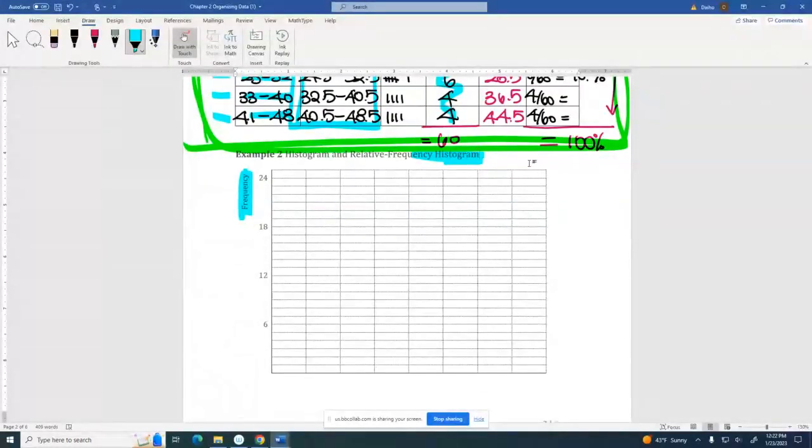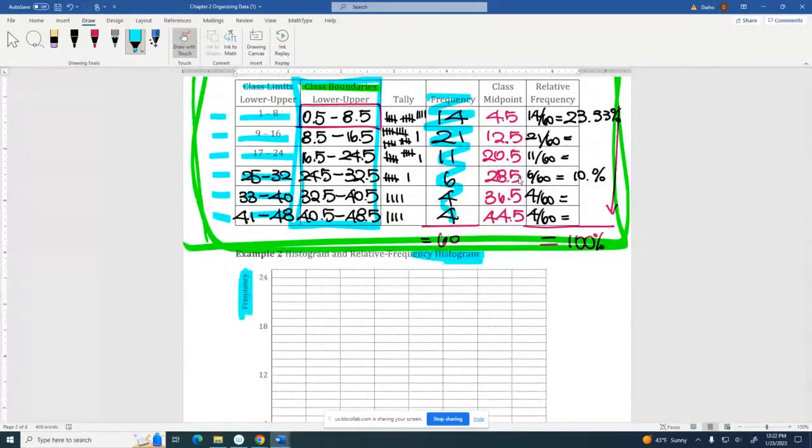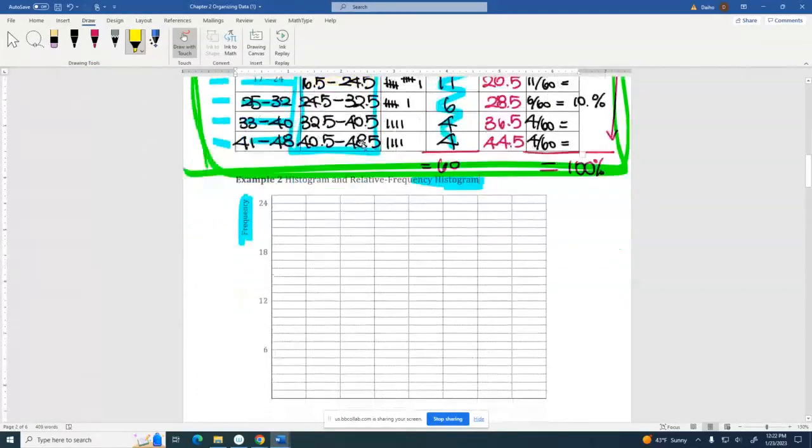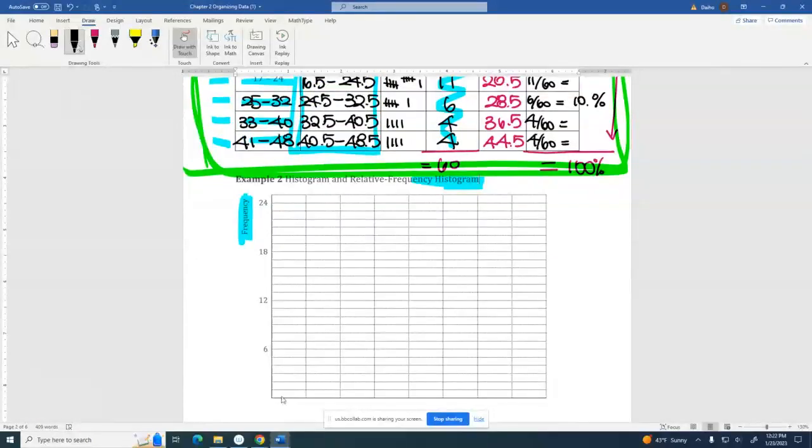Did you take college algebra? It's X and Y. Yes, it's the same thing. Right? So the very first class boundary was 0.5 and 8.5. You don't have to state that the very first one is 0.5 to 8.5.